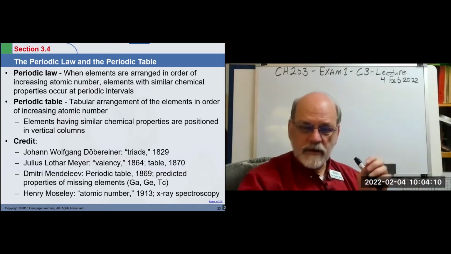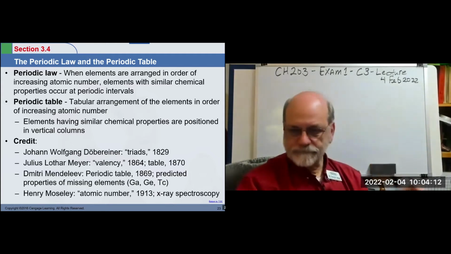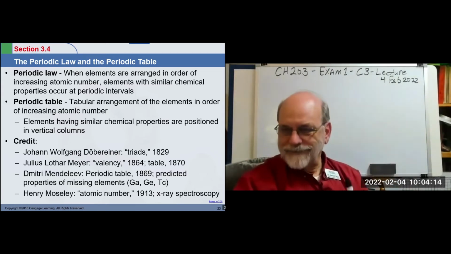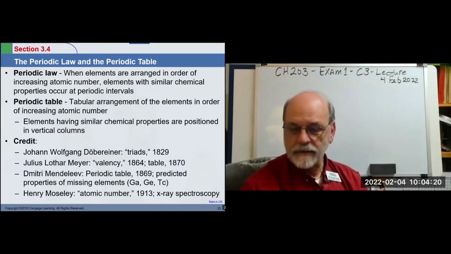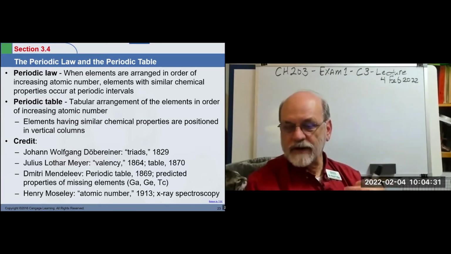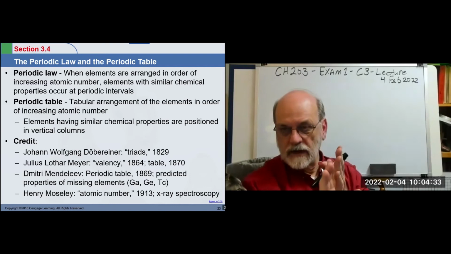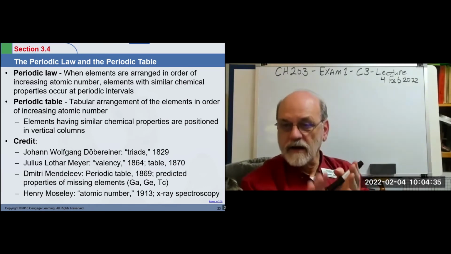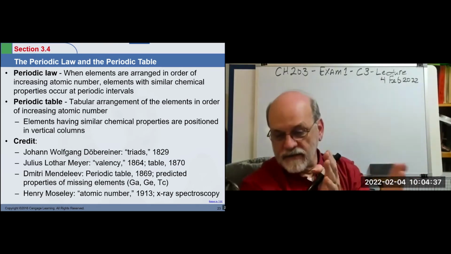So what he would do was energize the pure element in a device of his own making, and it would give off high energy X-rays. And he used a spectrometer to determine, after he calibrated it, what is the wavelength of that spectrum?